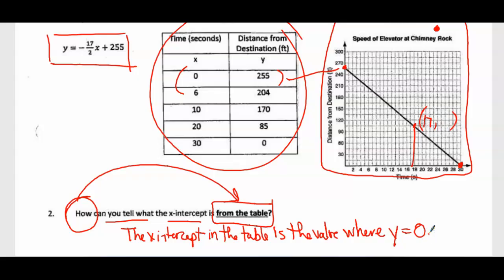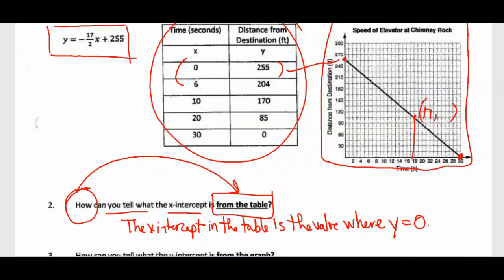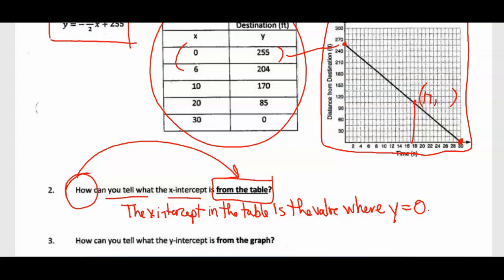In a table, you are looking for where y equals 0. So the x-intercept in this example is 30, 0. It's not asking you to give the intercept. It says, how can you tell what an x-intercept is from a table?